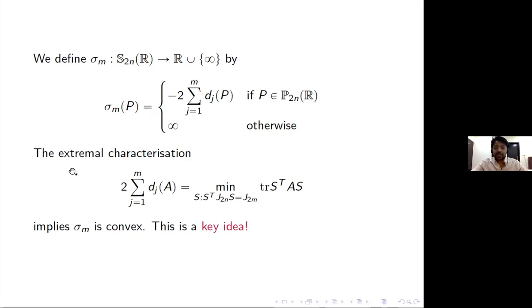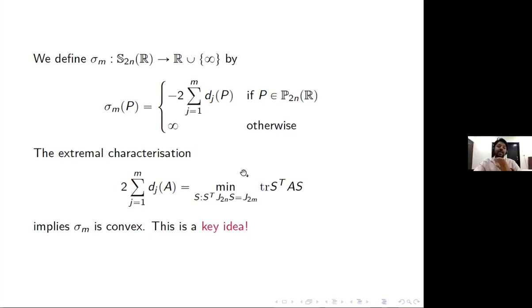Now, there's an extremal characterization of the sum of m symplectic eigenvalues, which is given by this expression. It's a known characterization. If you see the right-hand side, it's the minimum of trace of S transpose A S, where S varies over a family of matrices satisfying certain conditions.